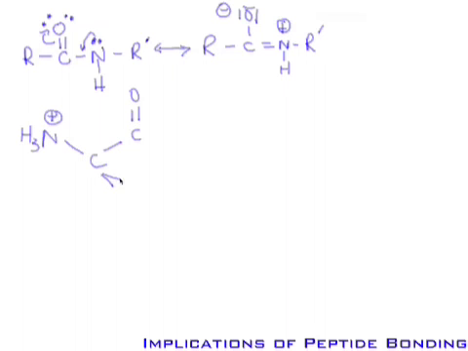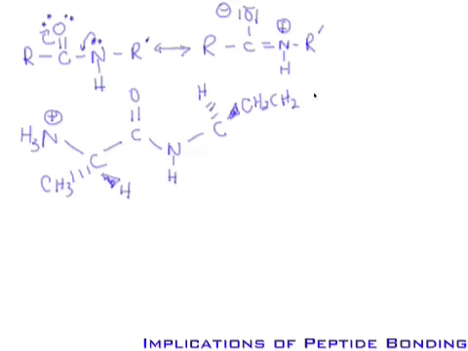So if this amino acid residue had the H with a wedge and the R group, let's do alanine, going into the page, then the other amino acid would put the H going into the page, and our two CH2s, SCH3 of our methionine coming out of the page.